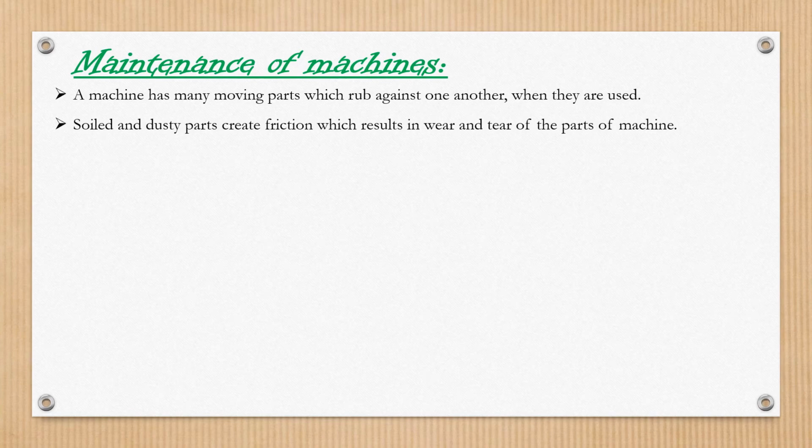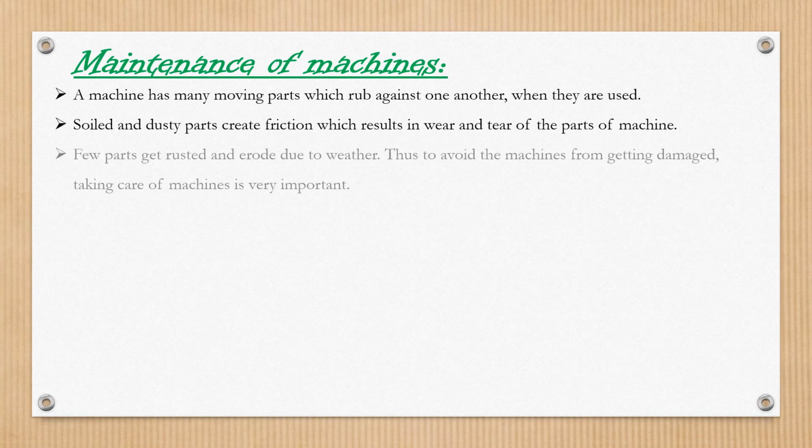Now students, what do you mean by wear and tear? It is the damage that happens to an object in ordinary use during a period. And also a few parts get rusted and erode due to weather. Thus, to avoid the machines from getting damaged, taking care of machines is very important.